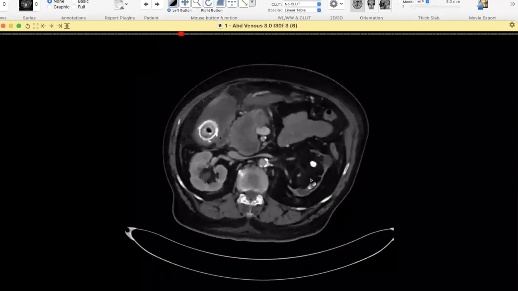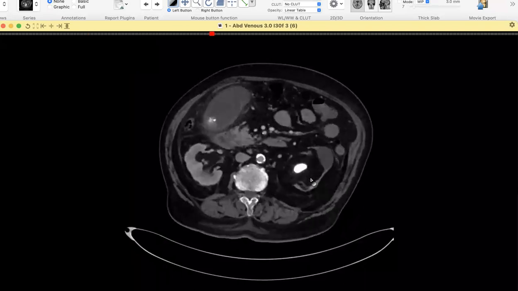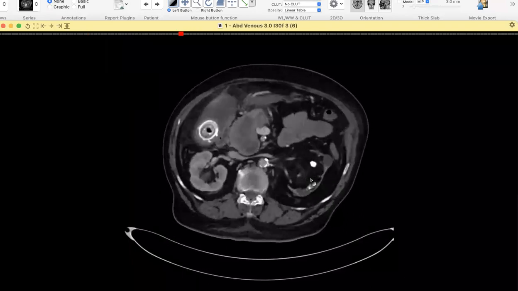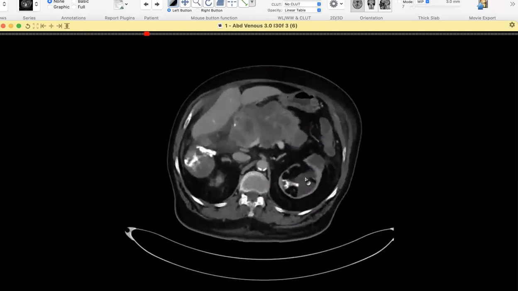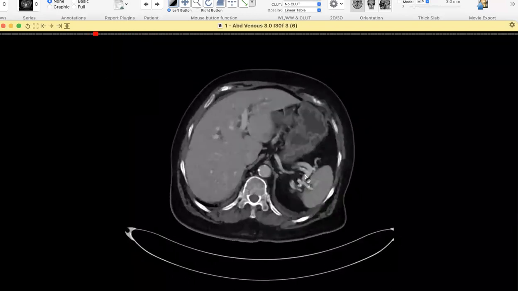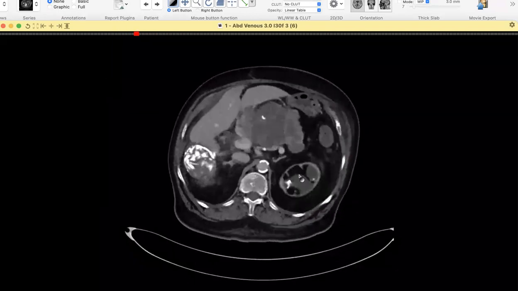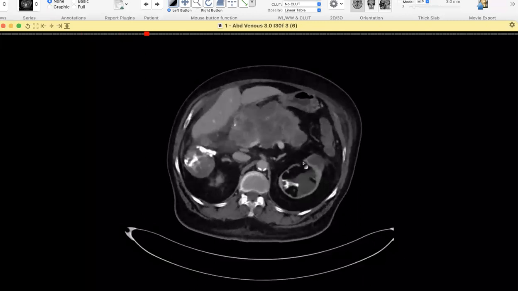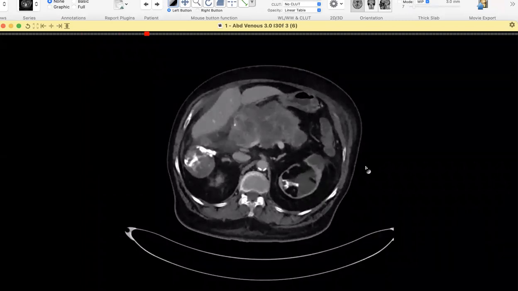And also in old age, we should always think of the possibility of pancreatic carcinoma, pancreatic adenocarcinoma.